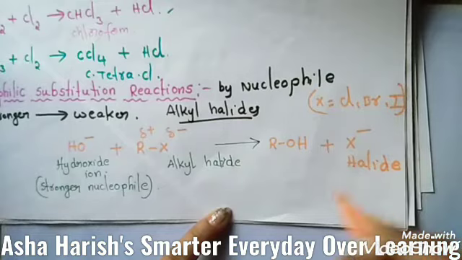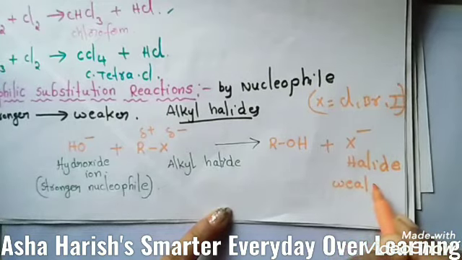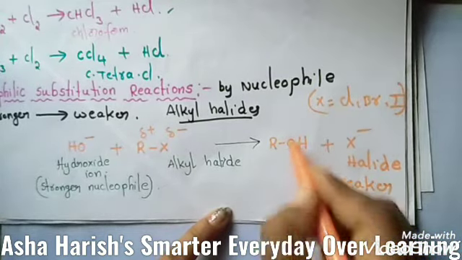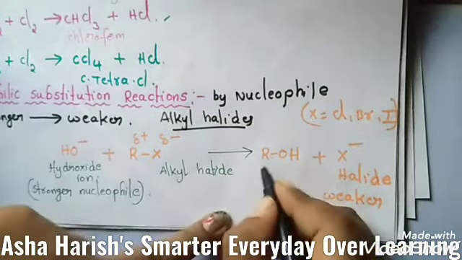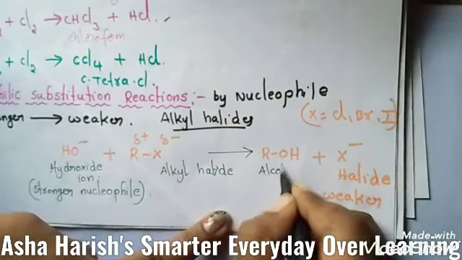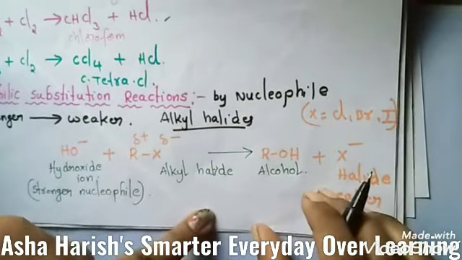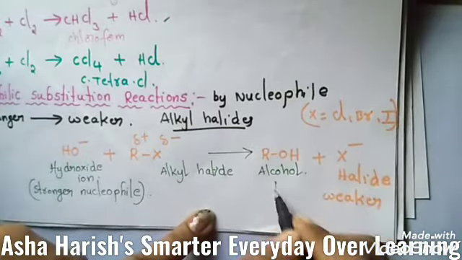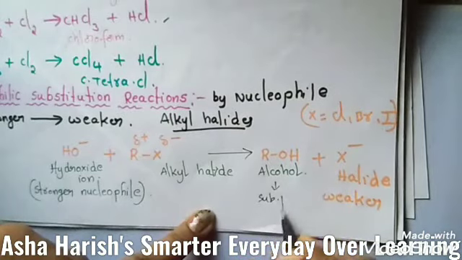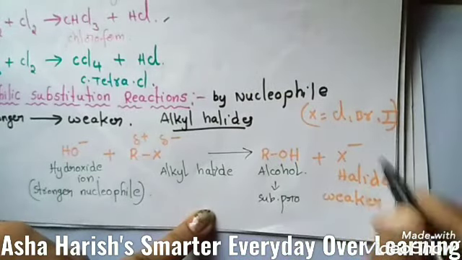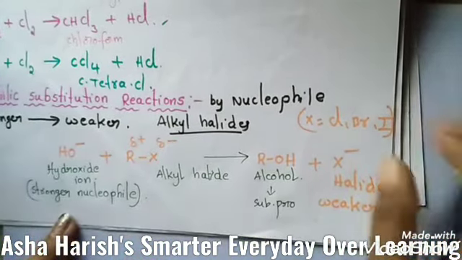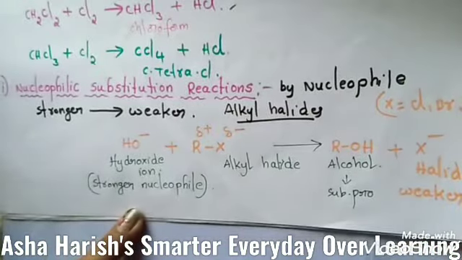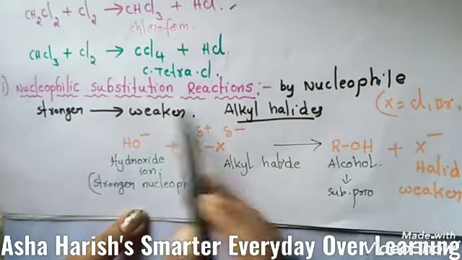This is the weaker nucleophile. Here the name of ROH is alcohol. So this is the substitution product. Then the final product is halide. So here is the weaker nucleophile and here is the stronger nucleophile. So this is the example of nucleophilic substitution reactions.